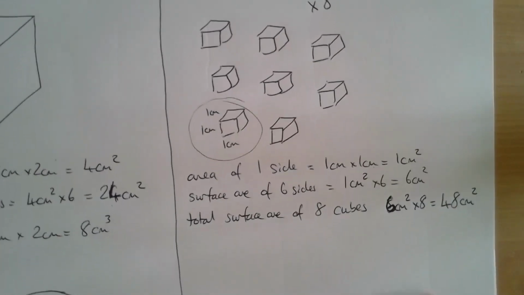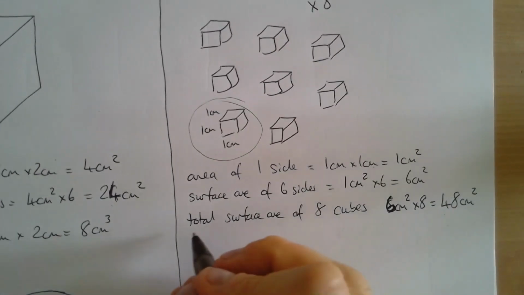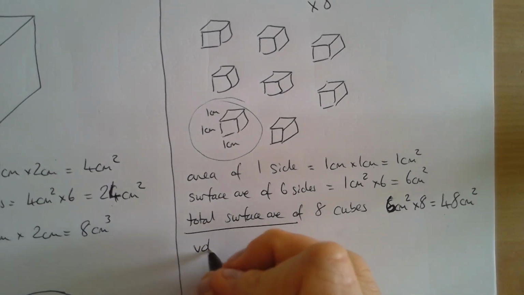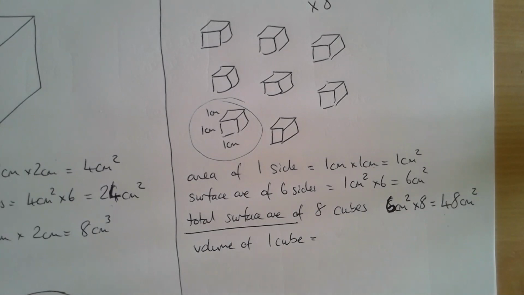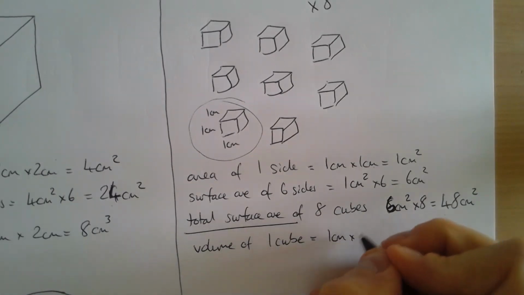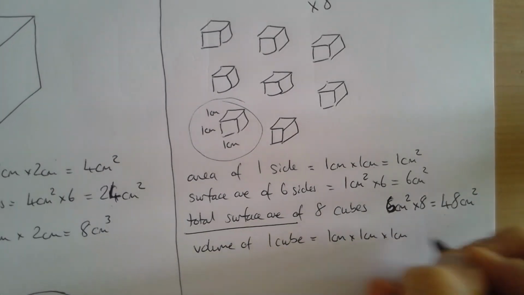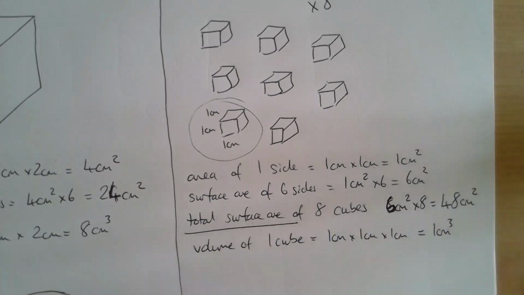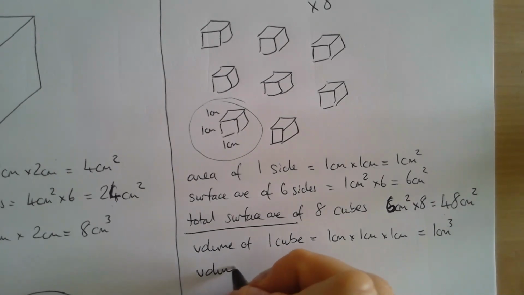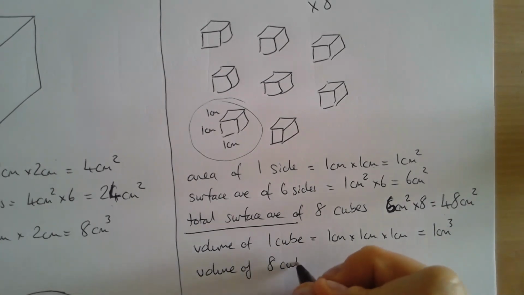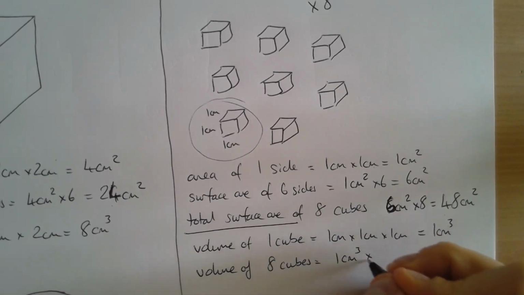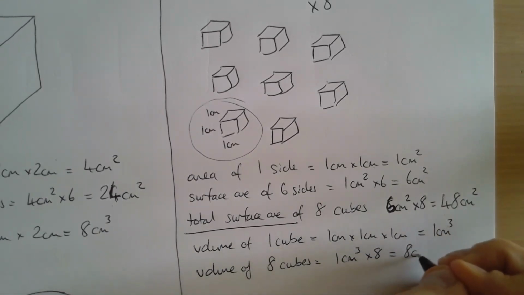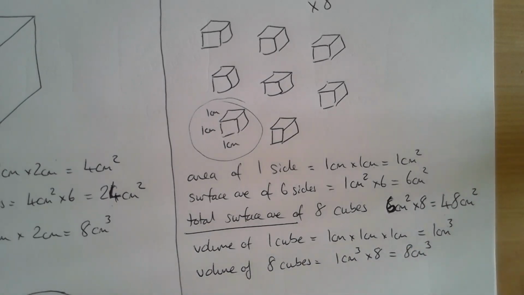Let's have a look and do the same thing with volume. So we've done this part. The volume of 1 cube is going to be calculated by this. And then the volume of 8 cubes is going to be my volume of 1 cube multiplied by 8, which is 8 cubic centimeters.